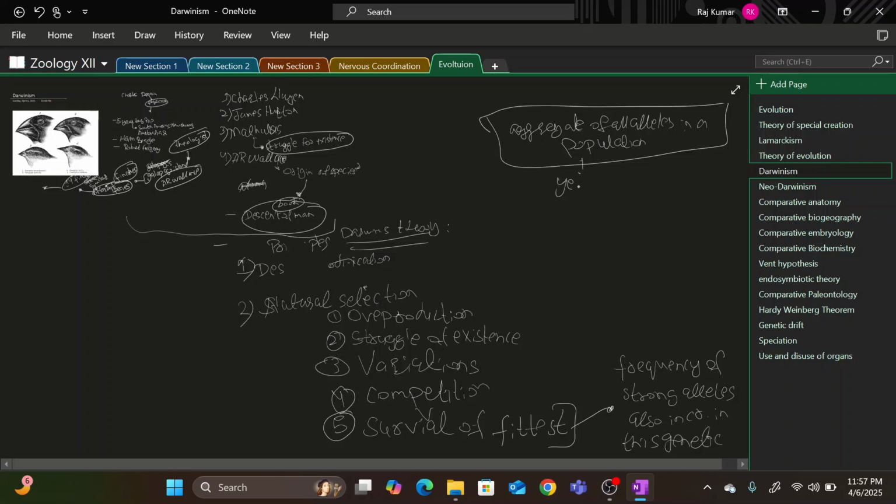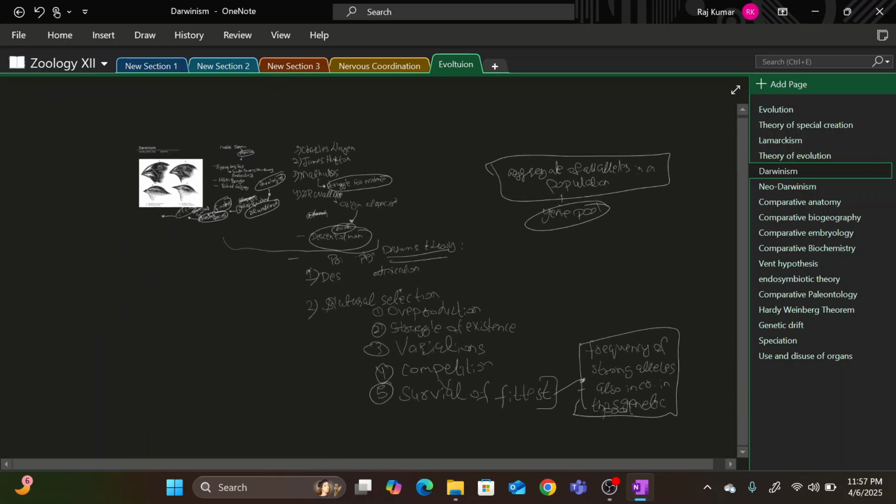So the frequency of the strong allele increases in the gene pool. Right. So this is all about Darwin's theory.